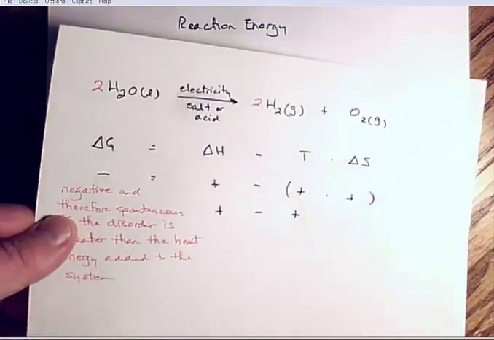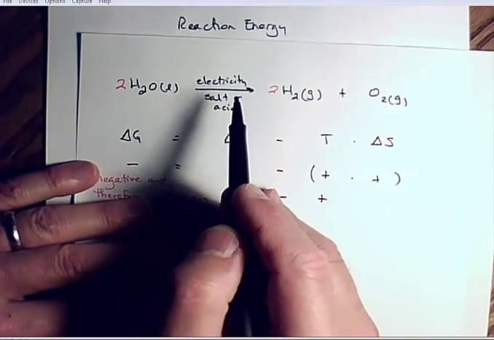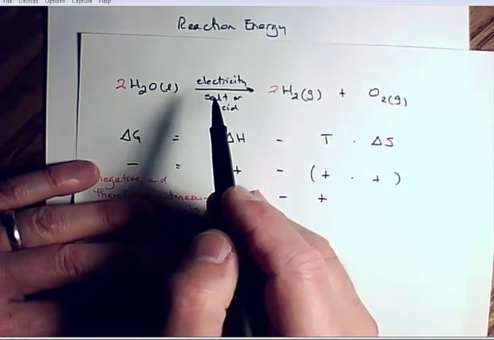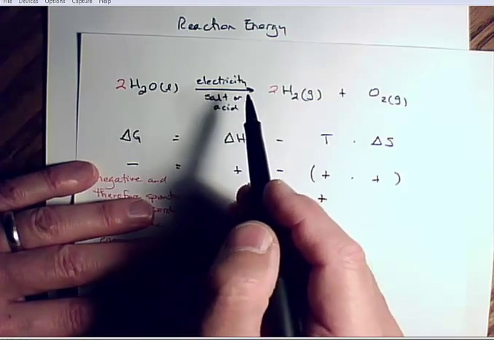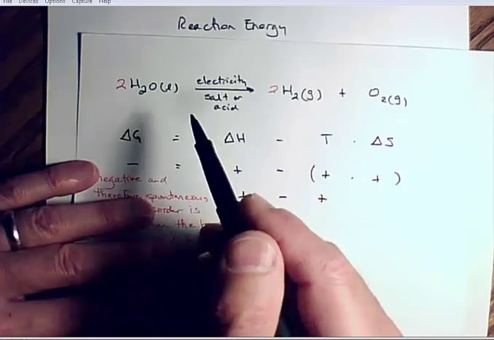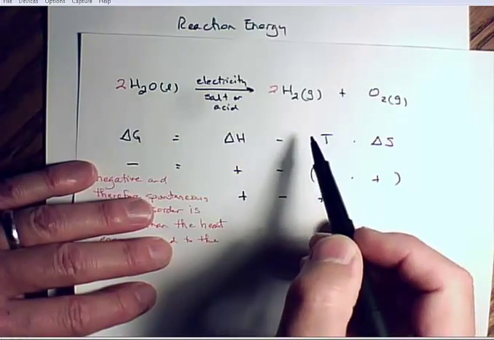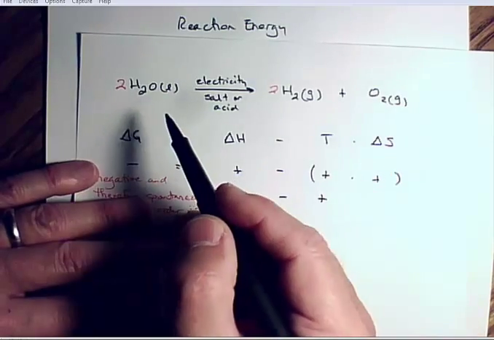Now that's different than what's happening outside the system. I might be putting electricity into this system, but some of that electricity is being lost to heat, so it's not really doing anything. We're only talking about the energy that's happening inside where the atoms and molecules are located. What's happening in the reaction itself.